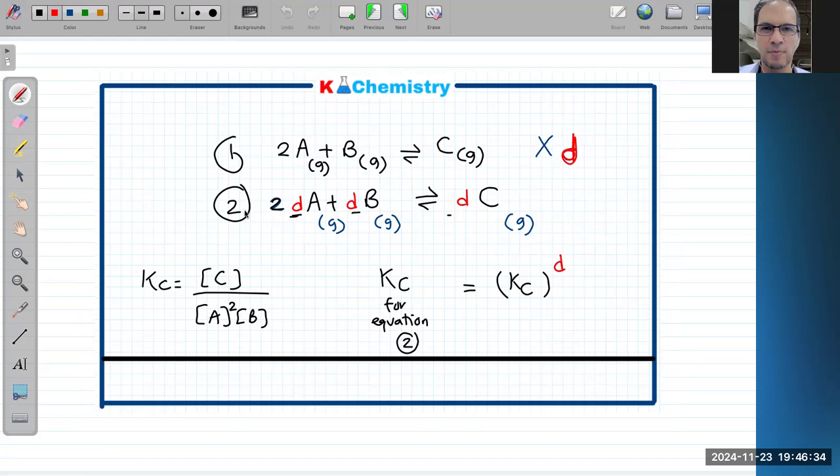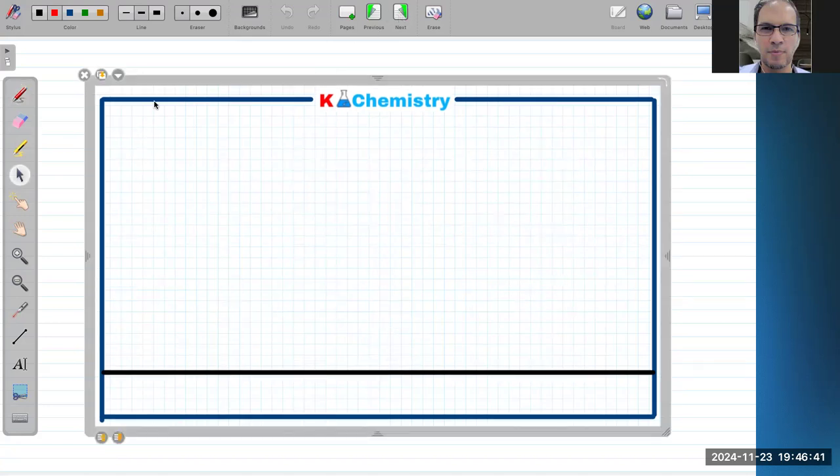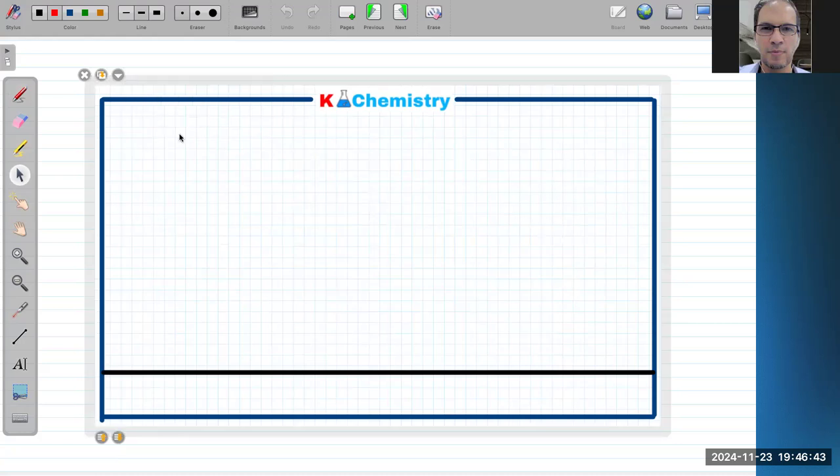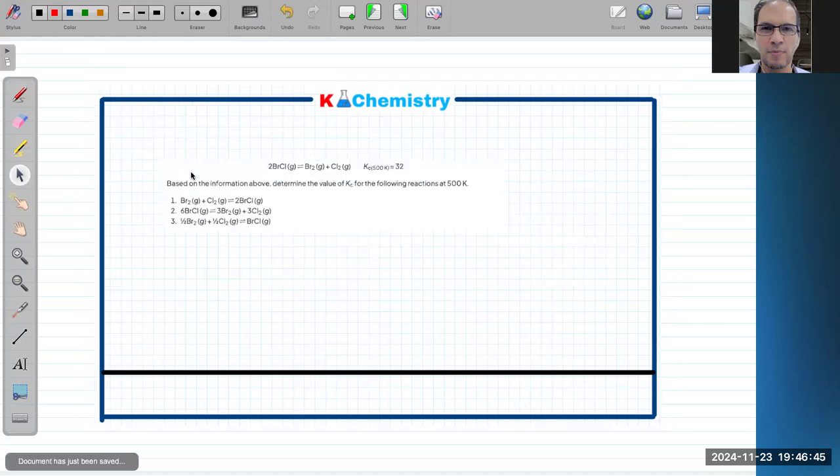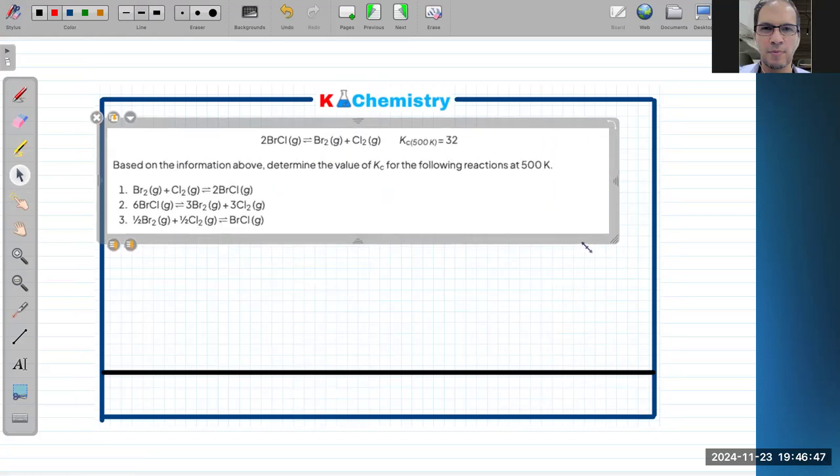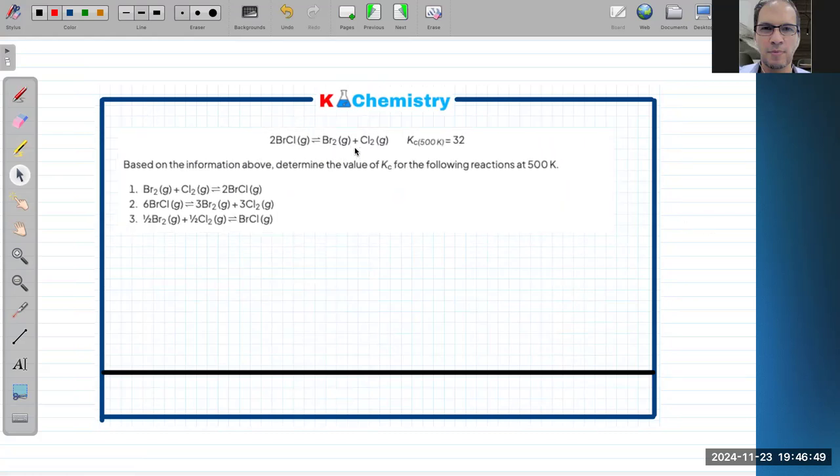So let's have an example about that. So this equation, PrCl reacted to form bromine and chlorine. Based on the information above, determine the value of Kc for the following reactions at 500.